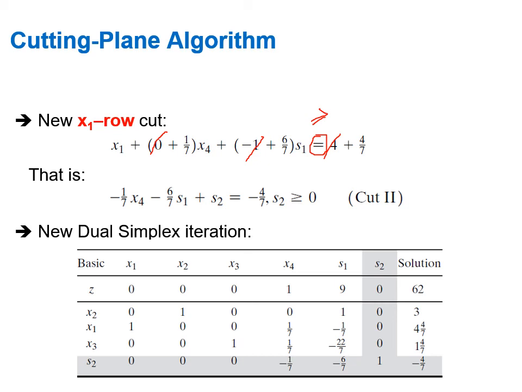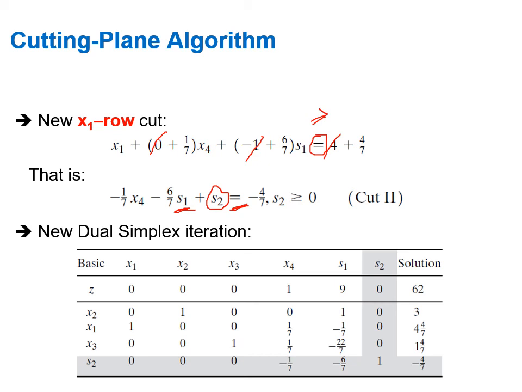And in order to include this into our optimal tableau, we now include a new slack variable to convert the sign to equality, and this slack variable is now s2. The previous slack variable that we included in the previous iteration is still in the problem, and this is a new variable.